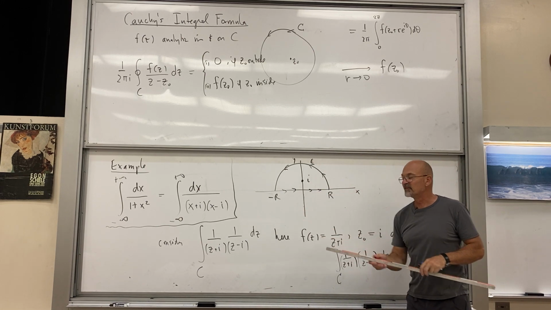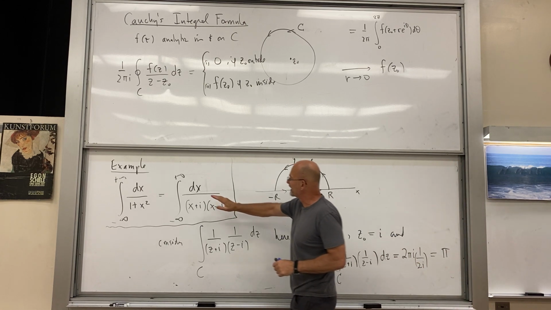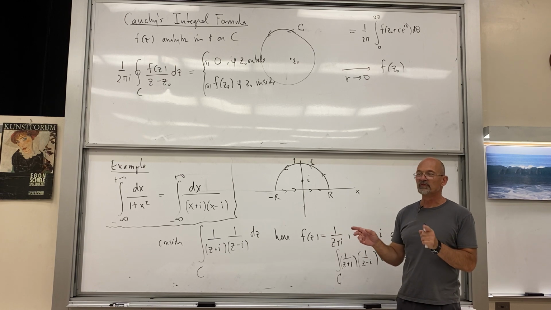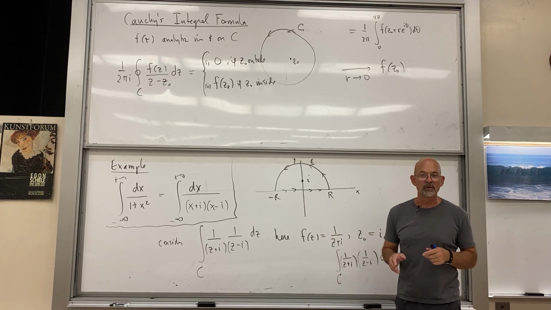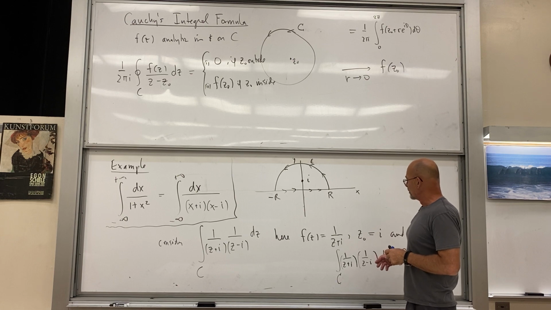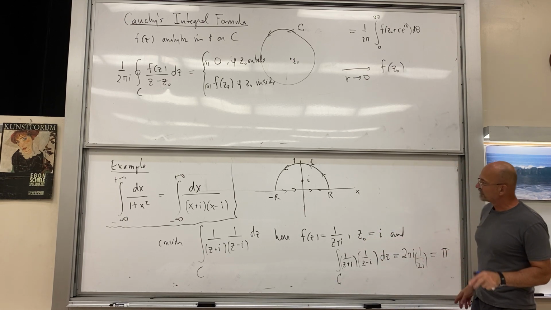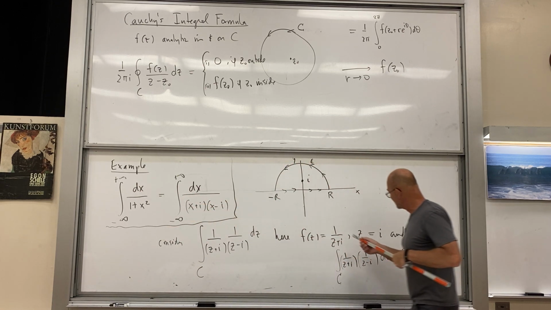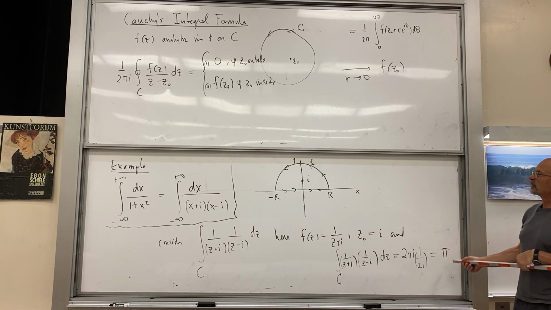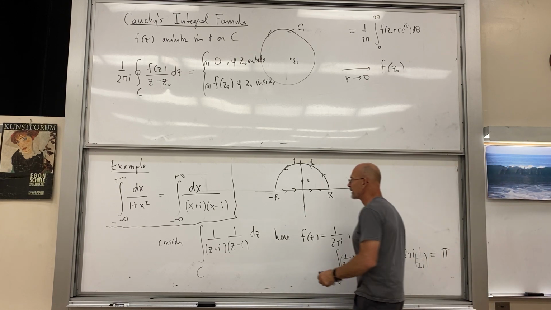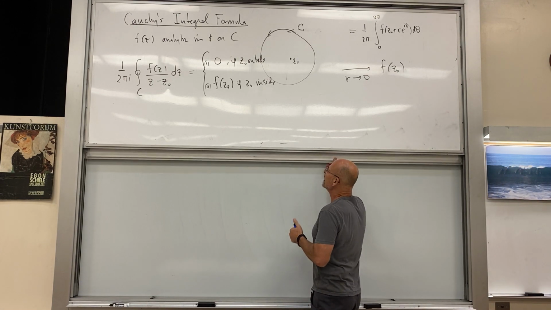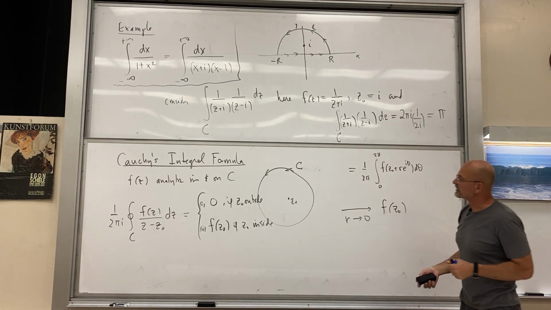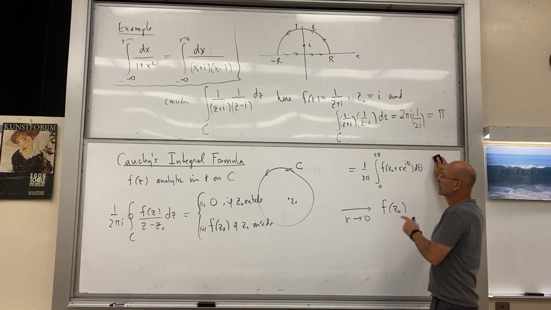But the integral over the semicircle of this form vanishes in the limit as r goes to infinity. We saw that with the application of the Darboux inequality. So we actually already have the answer. The answer is this integral from minus infinity to plus infinity is equal to pi. I'm just going to write that out and make sure all the steps are there. And then I'll put a couple problems of a similar nature up on the board for you guys to solve. So at this point I can erase this.